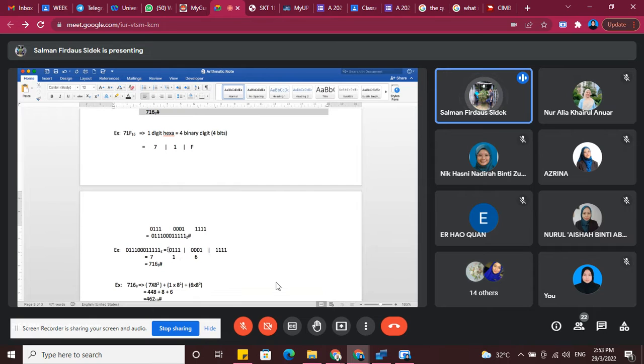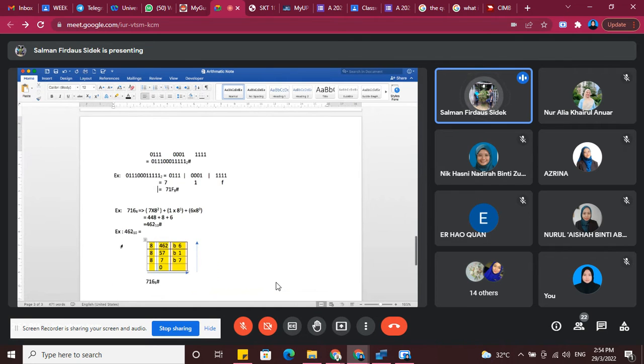So we do that 4 by 4 and then we will get 7, 1, F. Okay, selesai. This is hexa to binary and binary back to hexa.